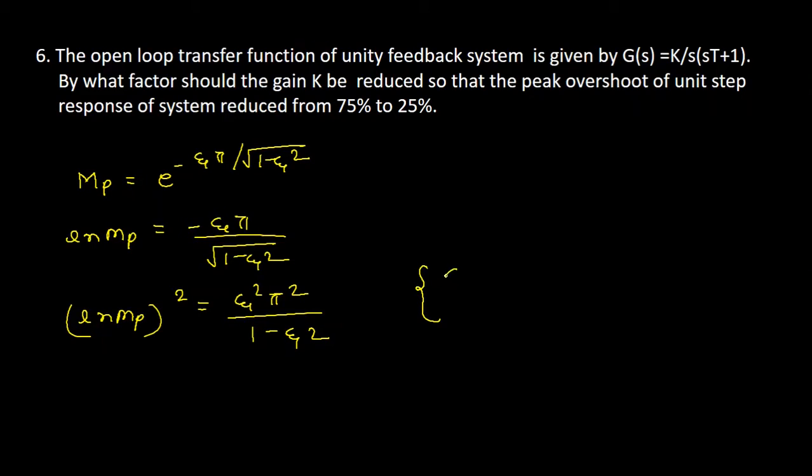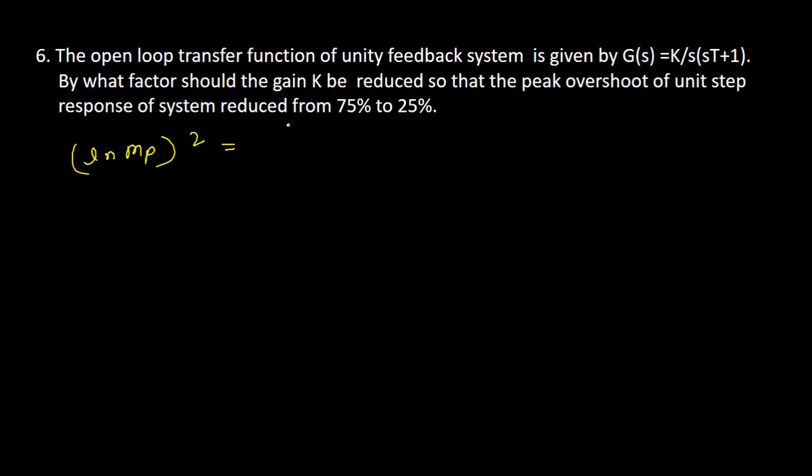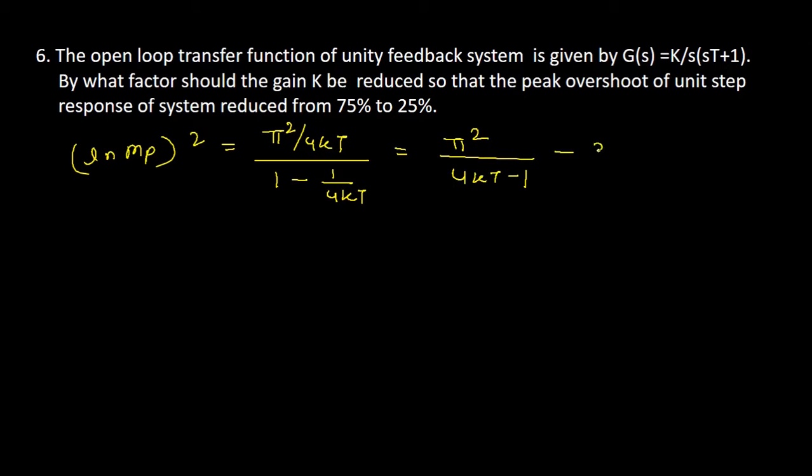From the previous derivation, ζ = 1 upon 2√(KT), so ζ² = 1 upon 4KT. We put this ζ² here. Then we get (ln Mp)² = π²/(4KT) divided by (1 − 1/(4KT)). This will be equal to π² divided by (4KT − 1). Let this be equation number 3.